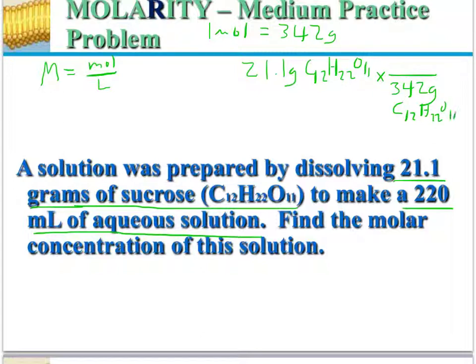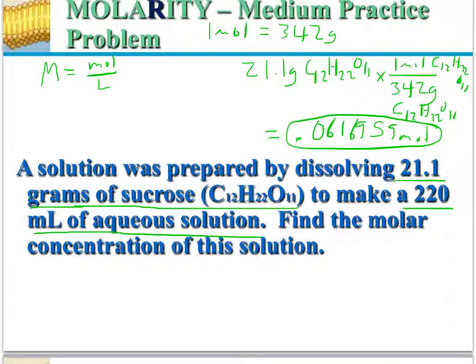If we do the calculations, 21.1 grams of sucrose is equal to 0.061659 moles of sucrose.